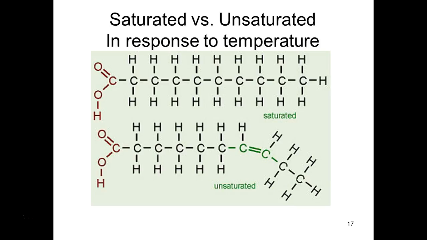So what do we know about saturated? It's solid at room temperature, right? So the membranes would be pretty rigid, right? Do you want a rigid membrane? Well, if you live in a hot environment, though, you might need that rigidity, right? So it would really depend on the environment you live in.